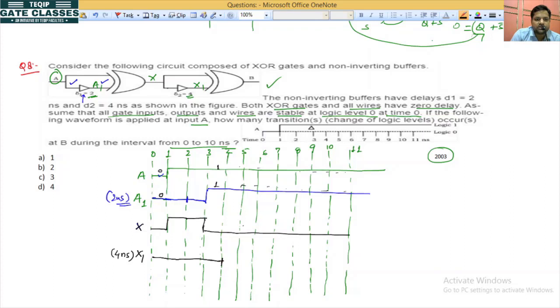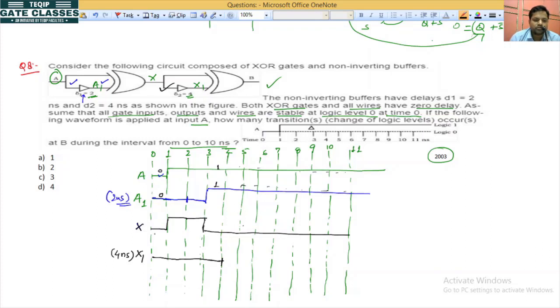Because X is input here, and when output is produced it is X1. So X1 denotes output, X denotes input for the second non-inverting buffer. So from here the second buffer will produce output.